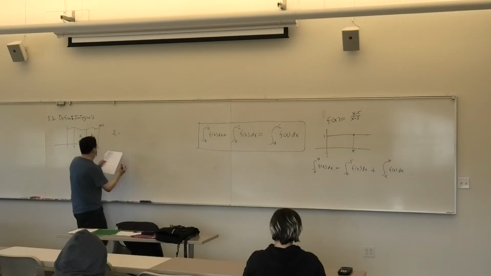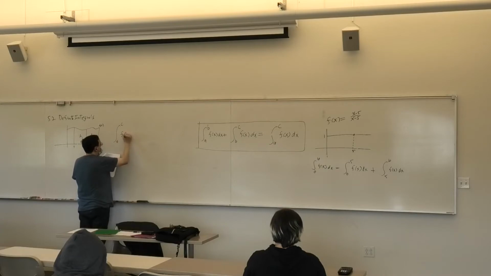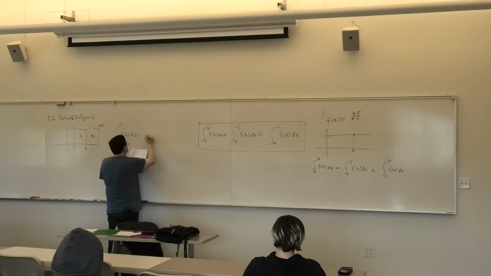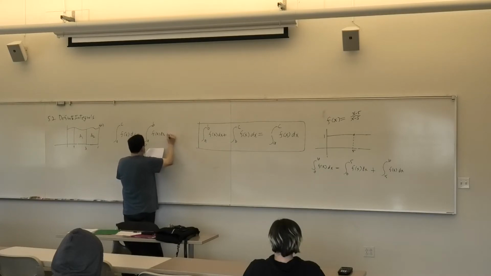We know from our formula over here that the integral from a to c is equal to the integral from a to b plus the integral from b to c.